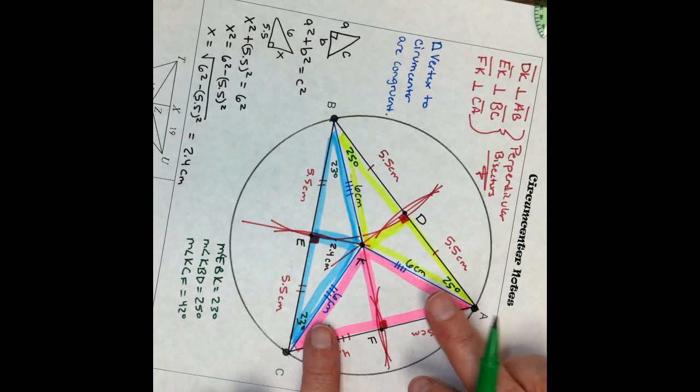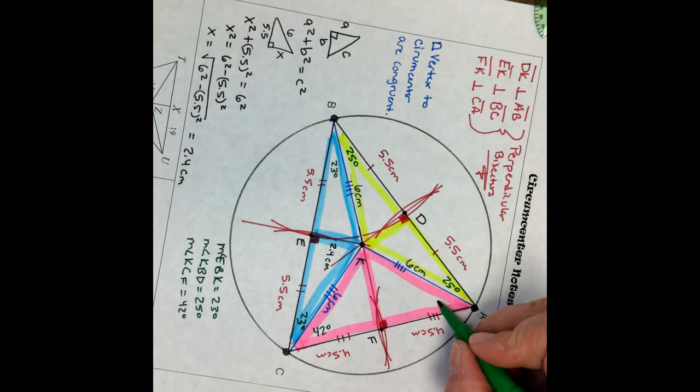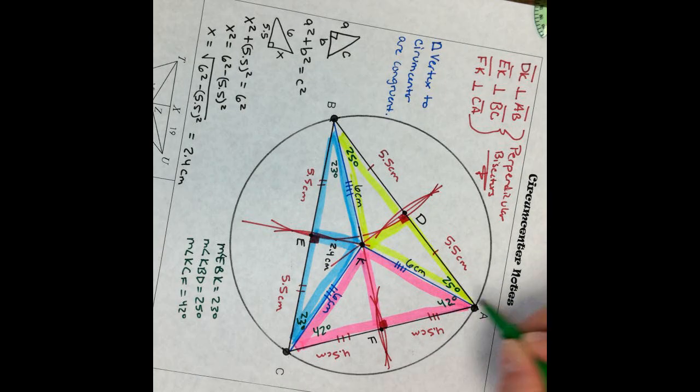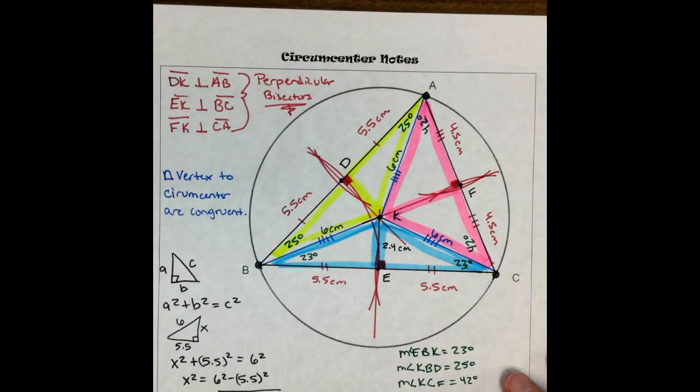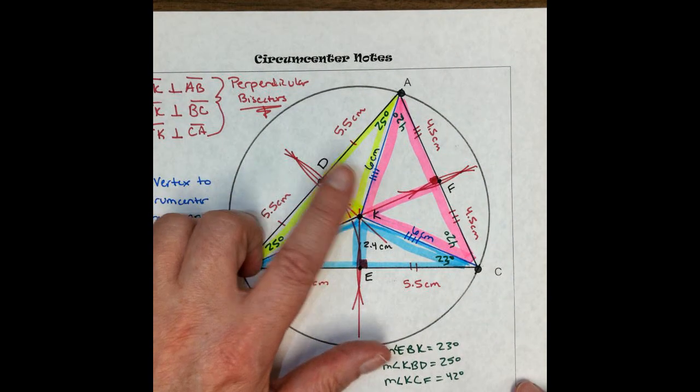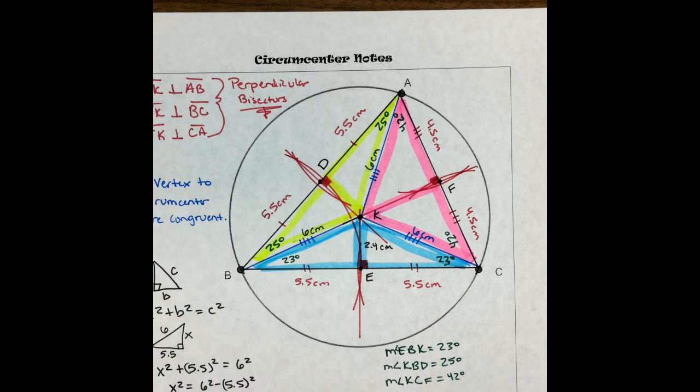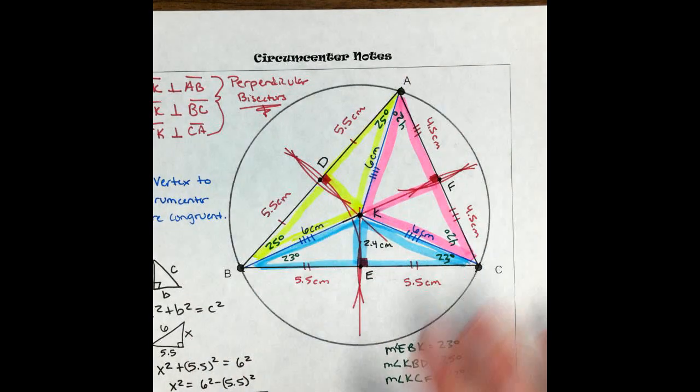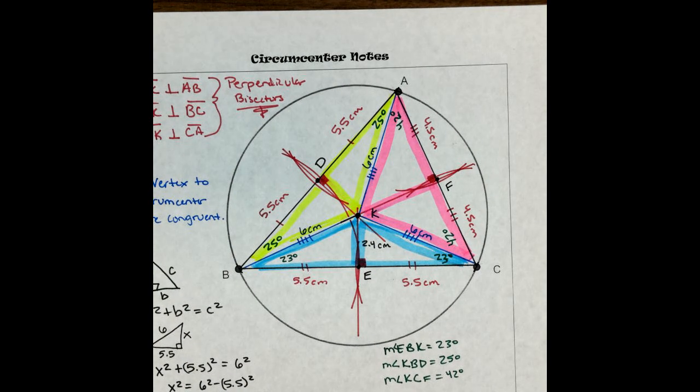And because these two triangles are congruent, this guy over here is 42 degrees as well. And then using the interior sum of a triangle, I can get these measurements up here, which I'm not going to. But as you can see, there's a lot of symmetry in the circumcenter of a triangle.